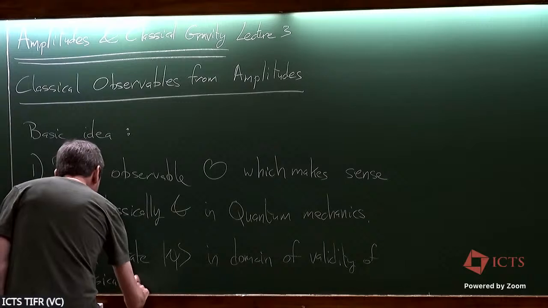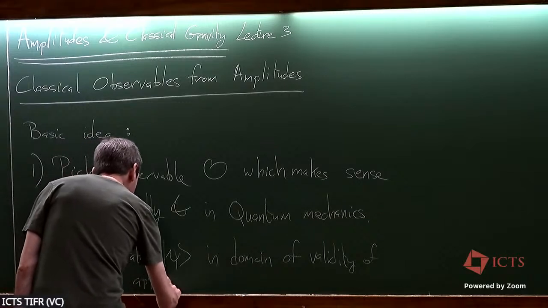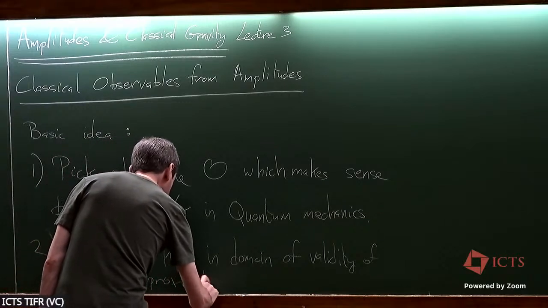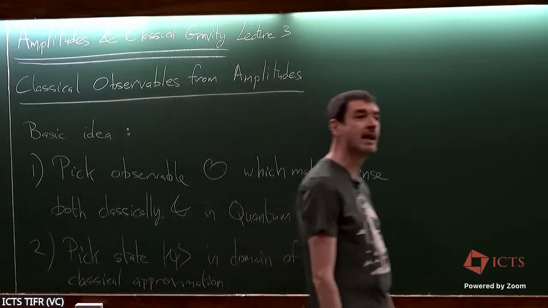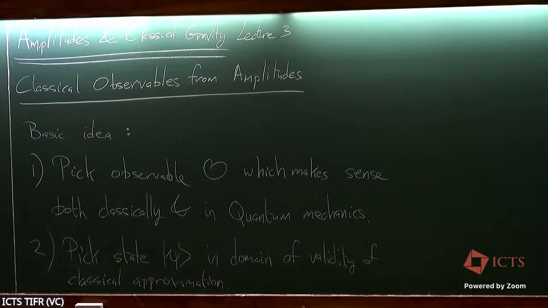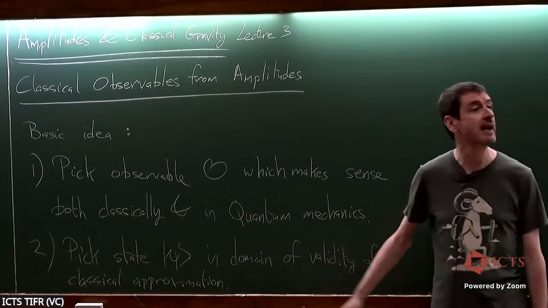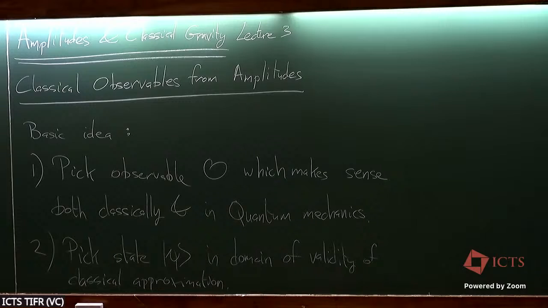So it's a classical approximation to the quantum field theory. I mean, we know ultimately that all our classical theories are approximations to some underlying quantum theory. So it must be possible to find some states in the quantum theory that correspond to the classical.